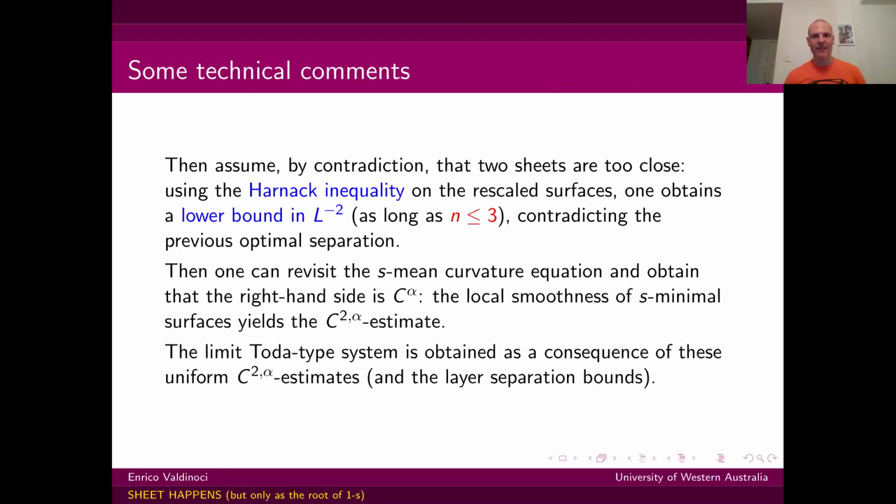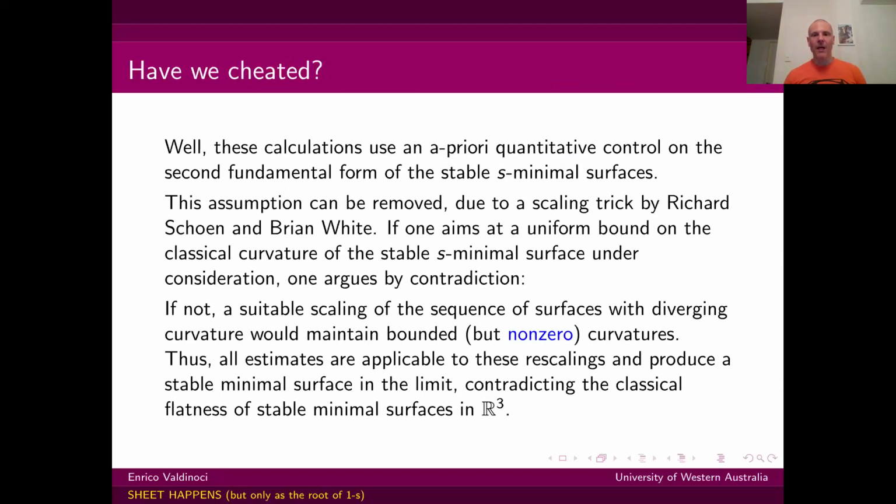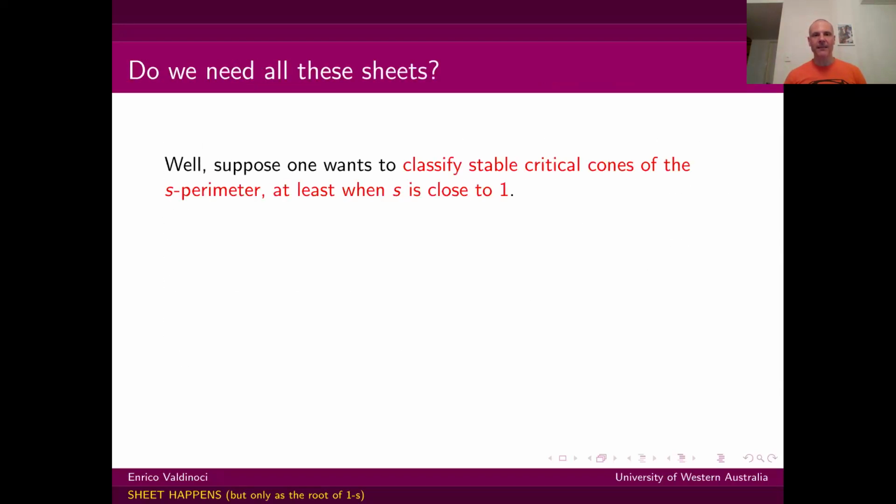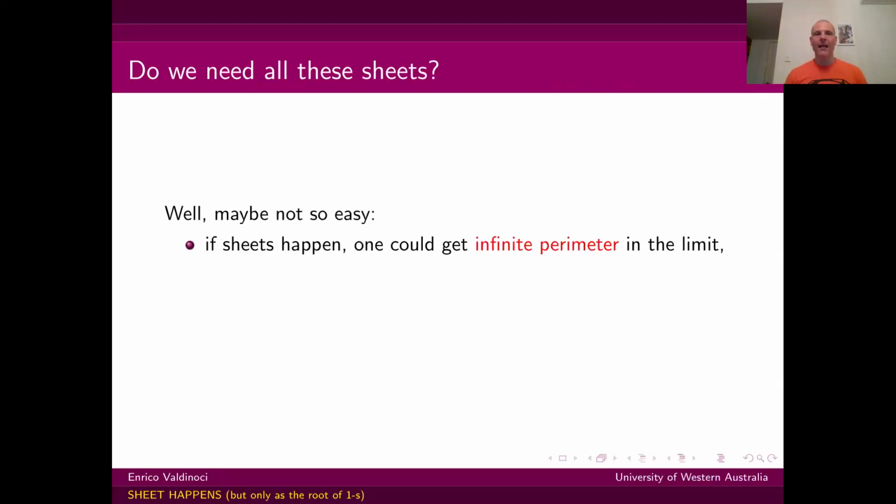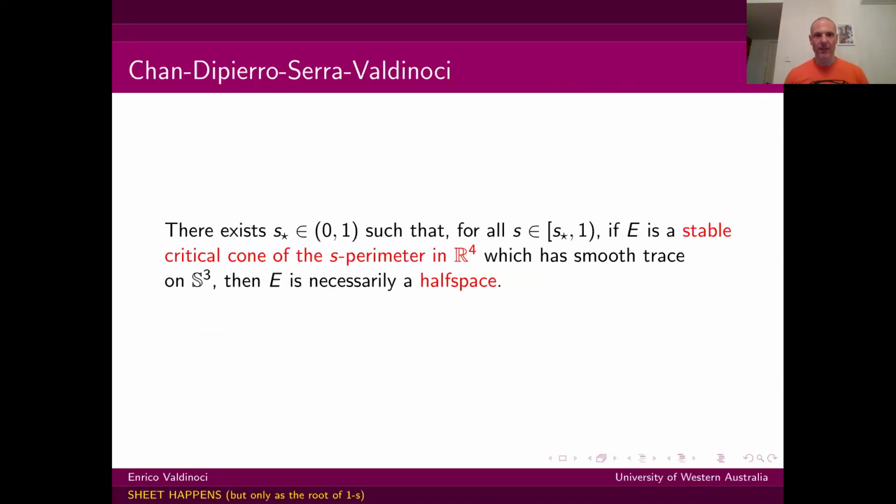Okay, so maybe my time is essentially over. Let me say that there is an interesting byproduct of this: if E is a stable critical point of the S perimeter in Rn with n up to 4, then E is necessarily a half space.